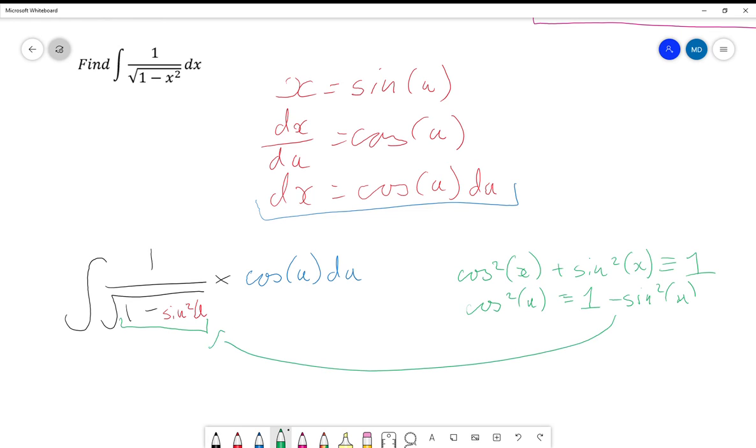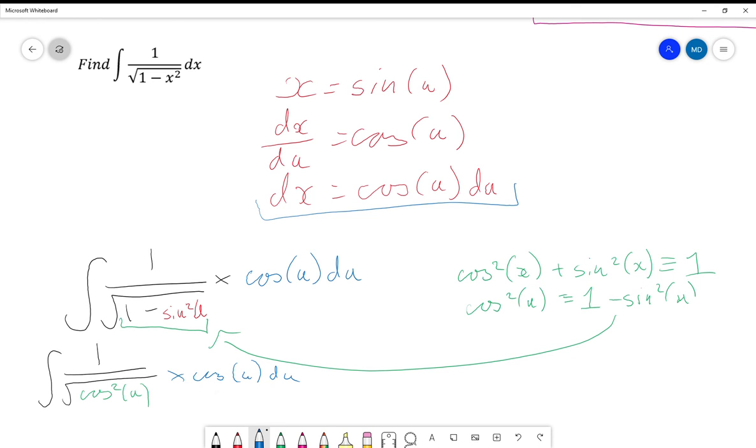And we'll plug that in there, and this will become the integral of 1 over the square root of 1 minus sine squared of u, which is cosine squared of u, multiplied by cosine u du.